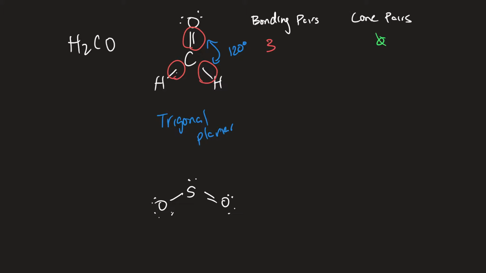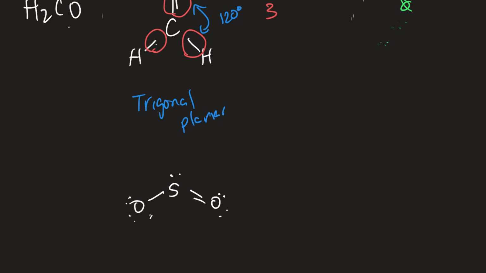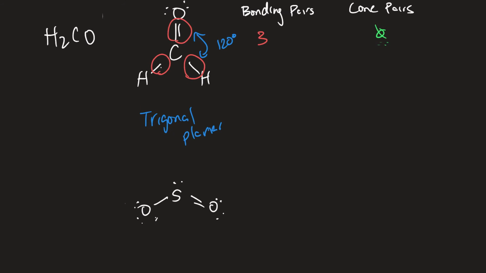Now SO2, what you'll notice is that in terms of bonding pairs, we have 2 bonding pairs, 1, 2, but from the central atom, we have 1 lone pair of electrons. So here, we still have 3 electron groups around the central atom, but it looks different, because this time we have 1 lone pair, so this is a variation.